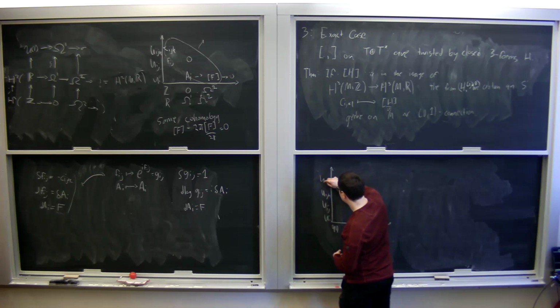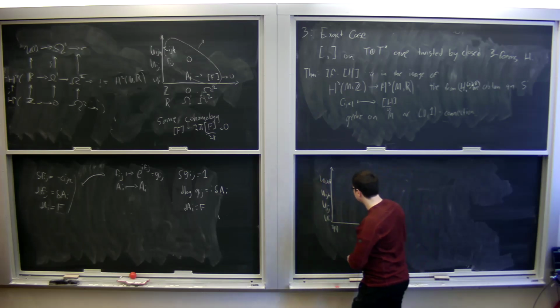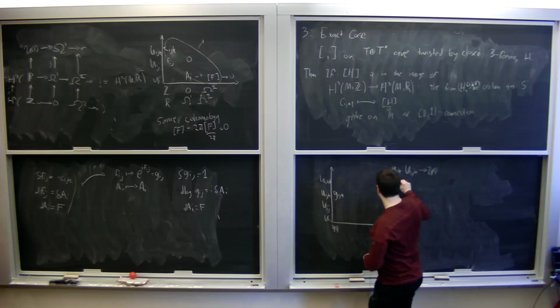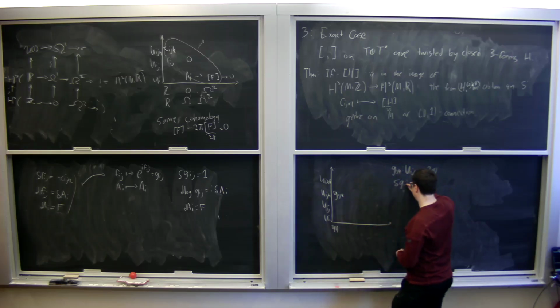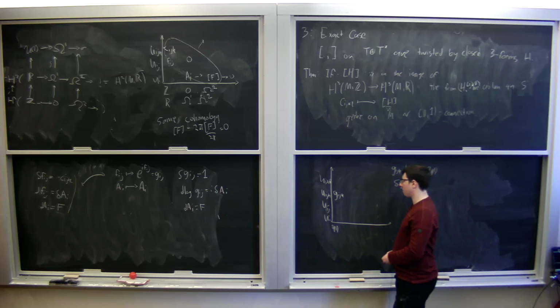U_ijk, L. What we want is a function g_ijk that maps U_ijk to U1, and we need to have that delta of this g_ijk is equal to 1. So this is what a gerb is.